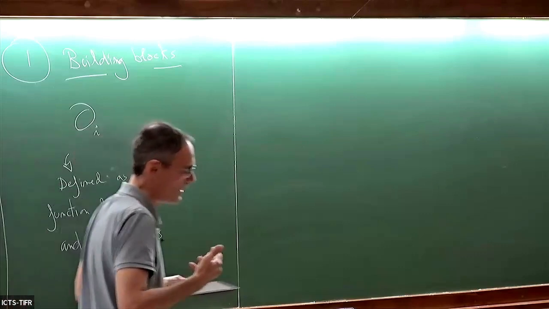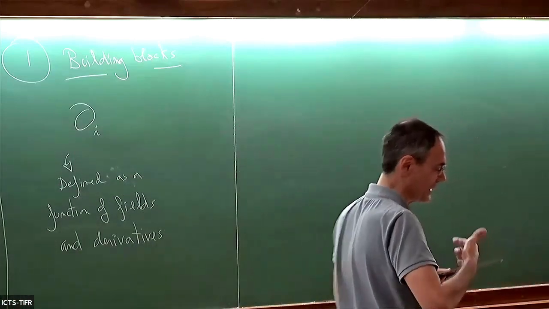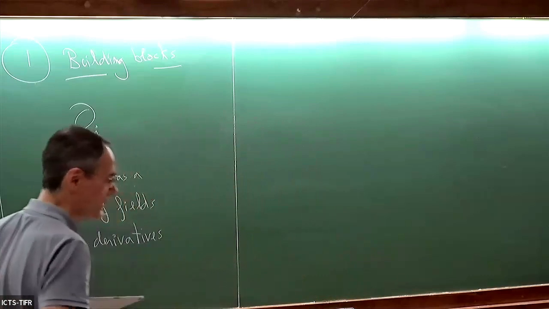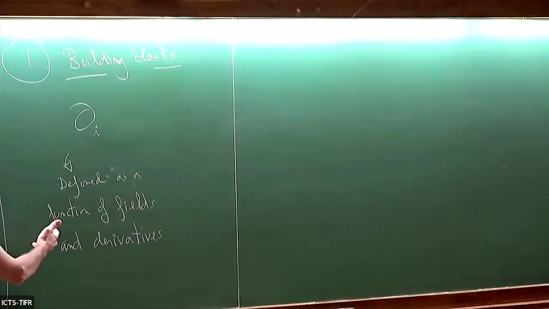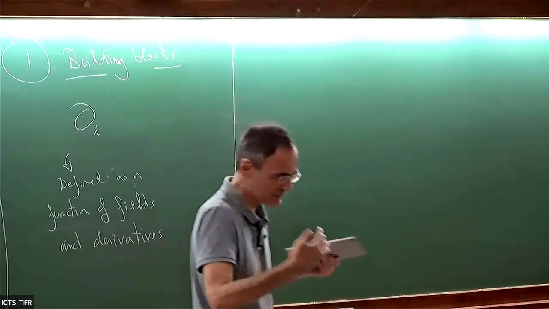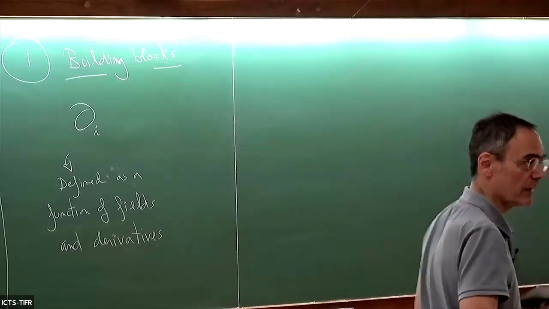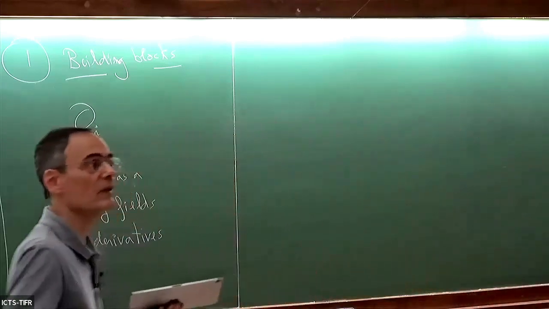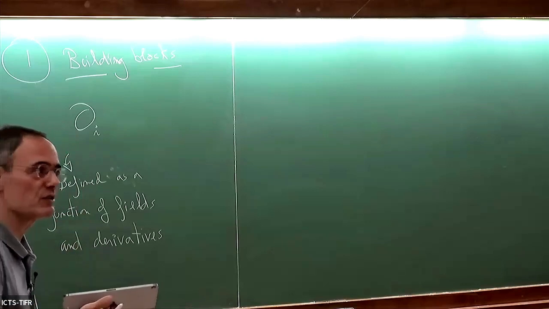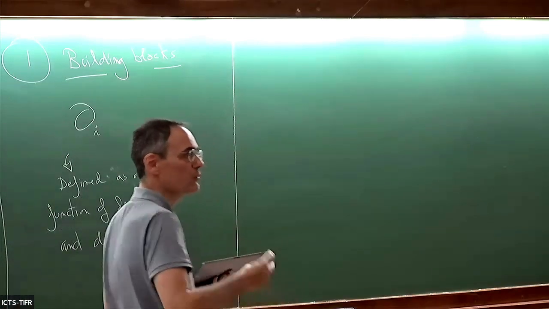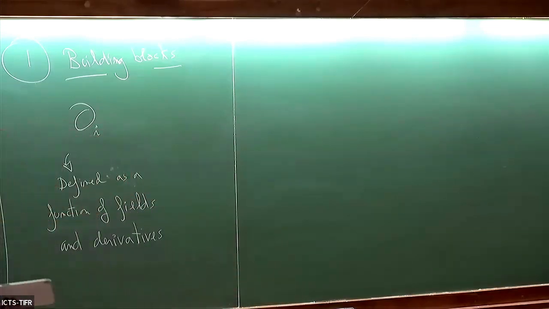For example, you have learned there are a lot of redundancies because you can redefine your fields. There are a lot of redundancies because you have to introduce a gauge field, A mu, and eliminate these extra redundancies to go to the physical states of two polarizations by introducing gauge invariance.